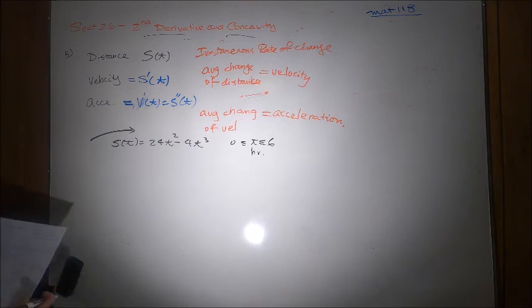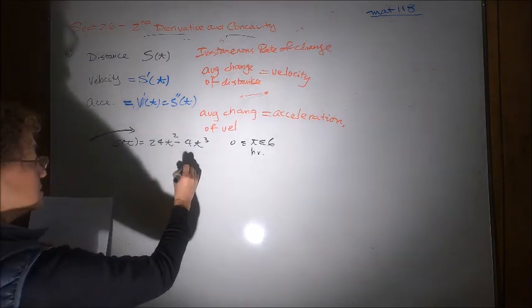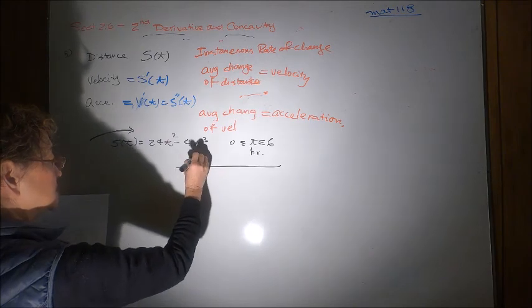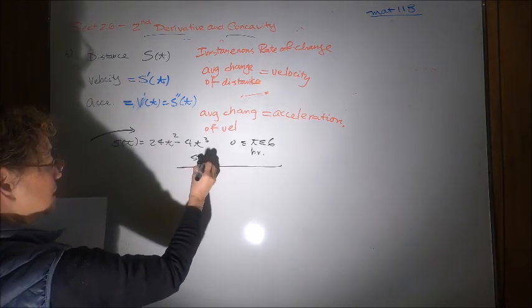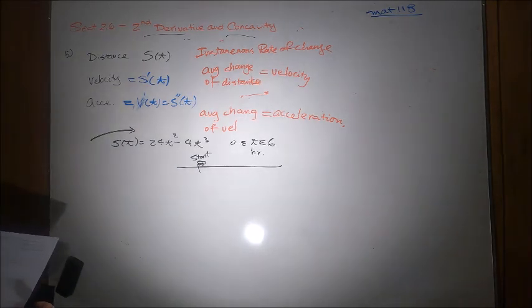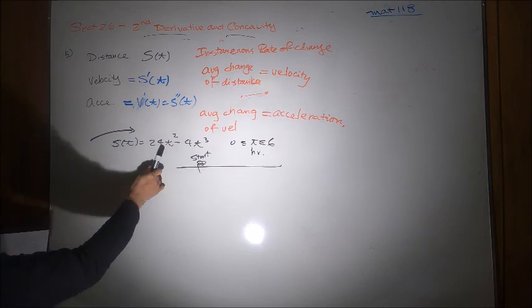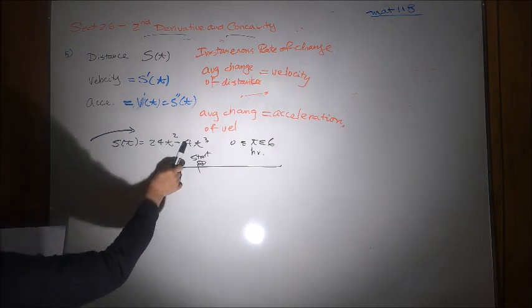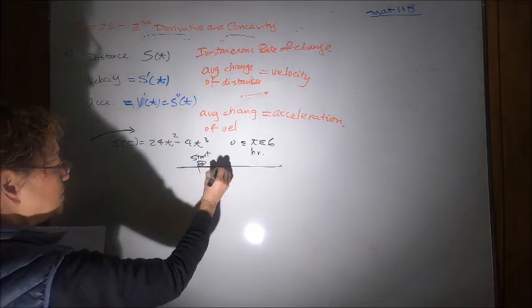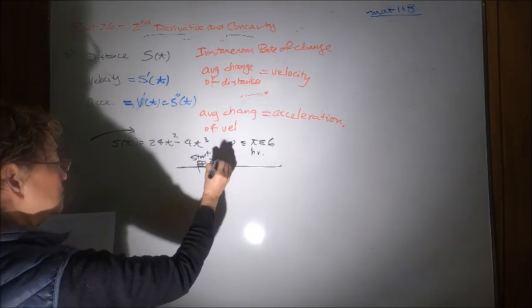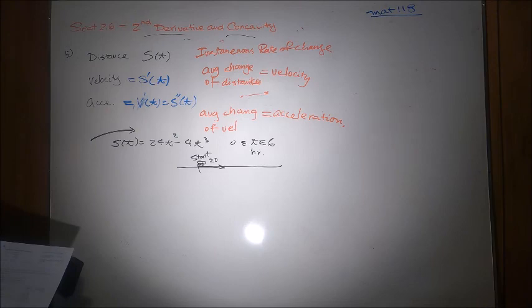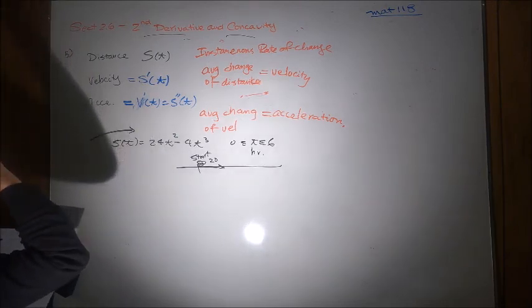So it means what? When you started, the truck started from here. Then at 1 hour, if you plug in 1, it will be 24 minus 4. That would be 20 miles, right? Then 2 hours, you plug in.